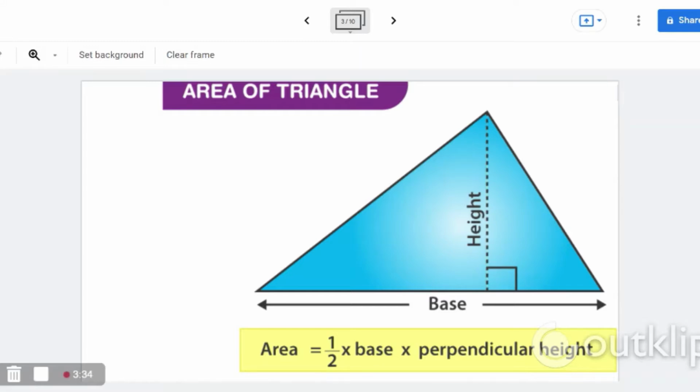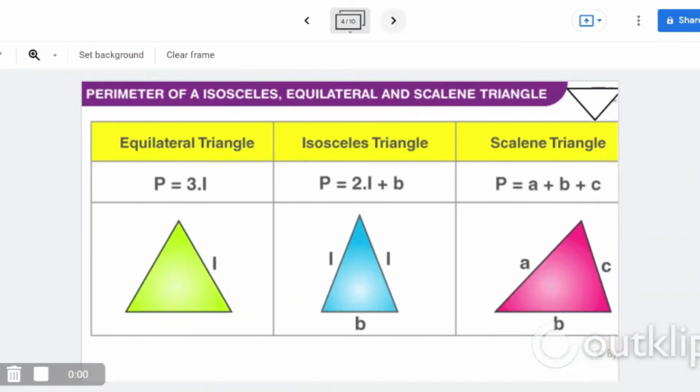Now before I discuss further on this, have a look at these three triangles. There is a green triangle, a blue triangle, and a pink triangle, but there are differences. A green triangle is an equilateral triangle.